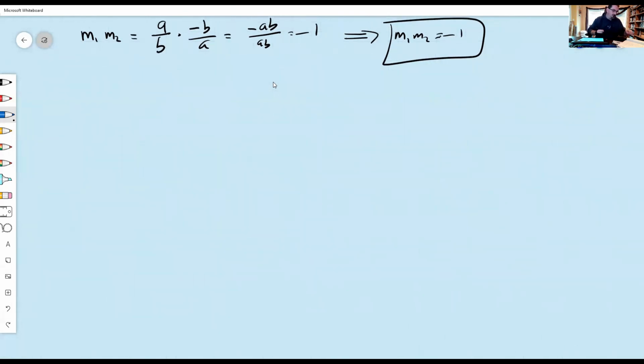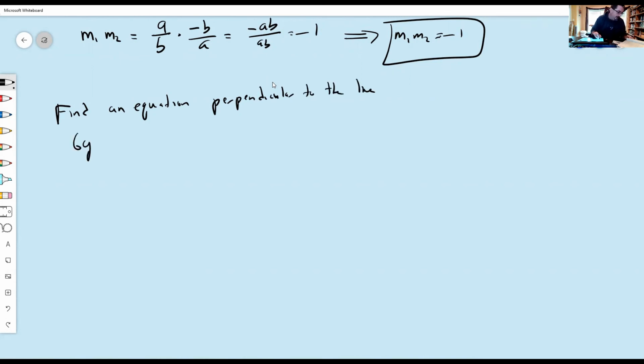All right. Let's find the equation of a line perpendicular to the line 6y plus 2x equals 1, that passes through (-4, -12).